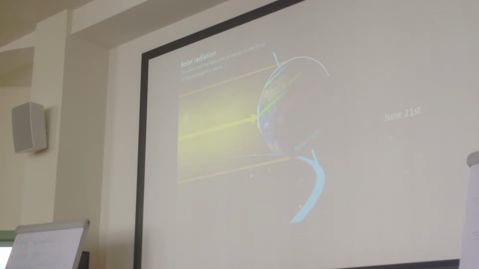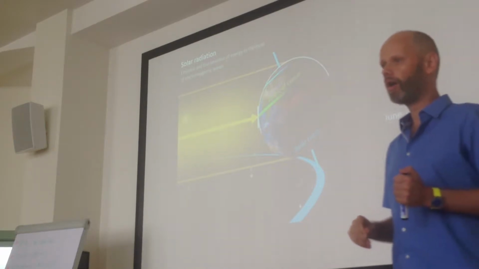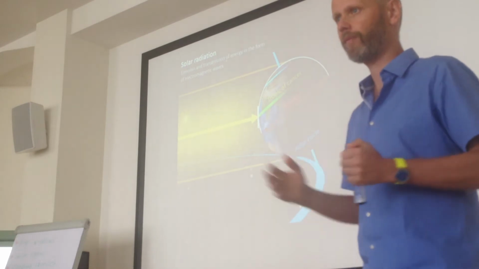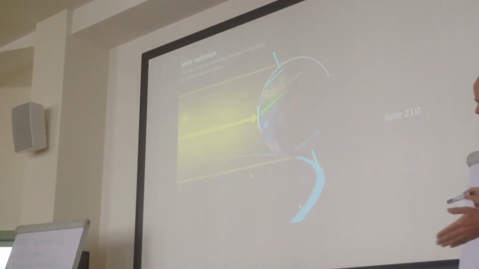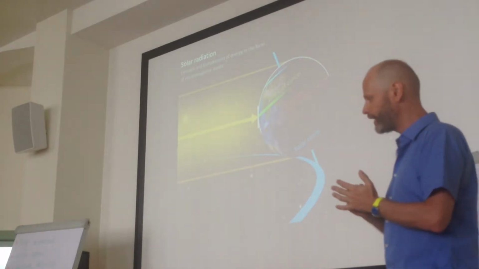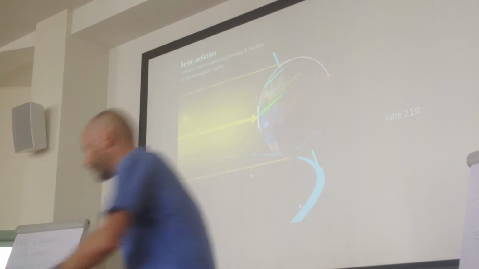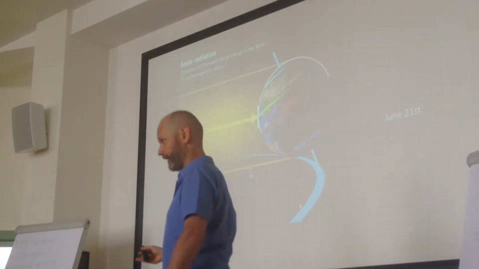The sinus of 90, what is the sinus of 90? It's 1. What is the sinus of 30? 0.5, just a half. So with an angle of incidence, the incoming energy is just a half. And this is what we should consider, for instance, when we are talking about solar gains and things like this.